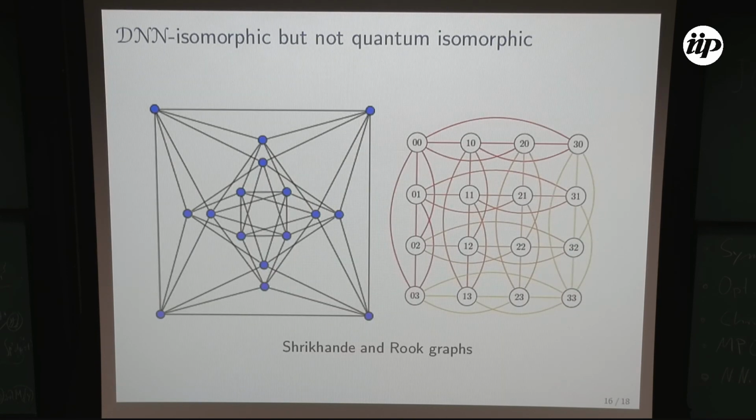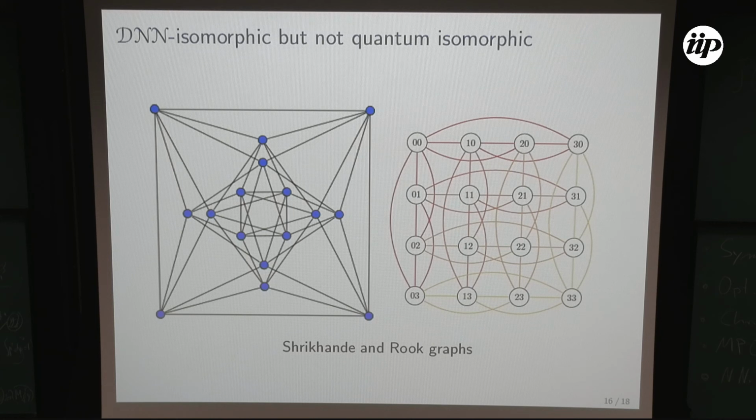Okay, so here's an example of graphs which are DNN-isomorphic, but not quantum isomorphic. Even these graphs have names, I didn't make up the names.